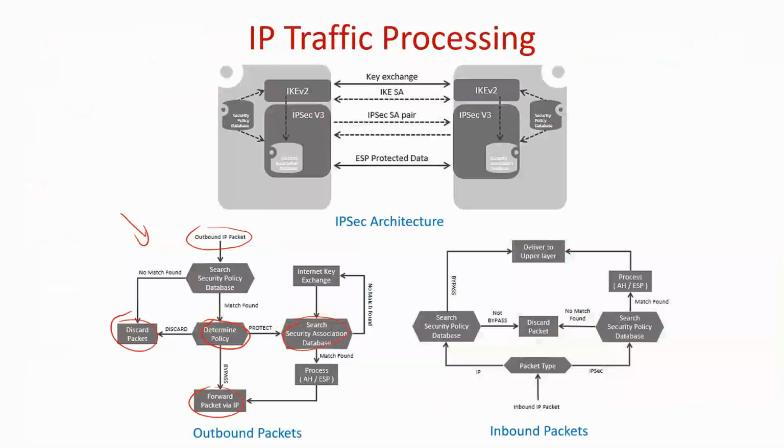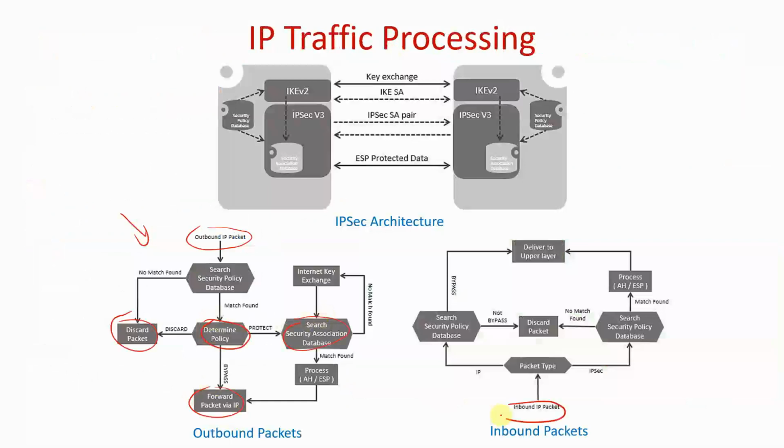If it is one of them, then you're going to actually use the one that is already defined. If there is no match in the security association, that means that you have to establish one in this case. That means you go to the key exchange protocol to establish the security association, and accordingly, you either use the authentication header or the ESP header in this case. These are for the outbound packets, the packets that you send.